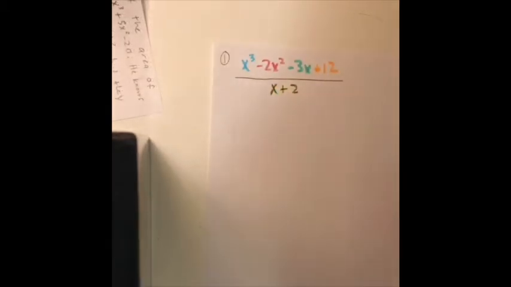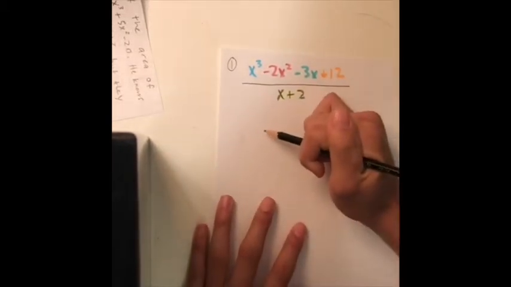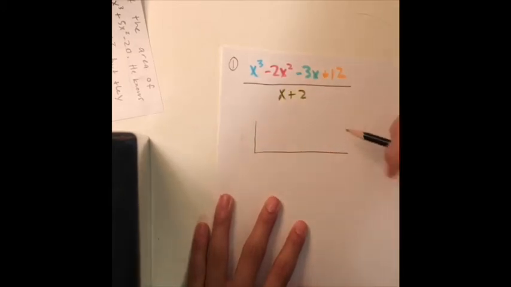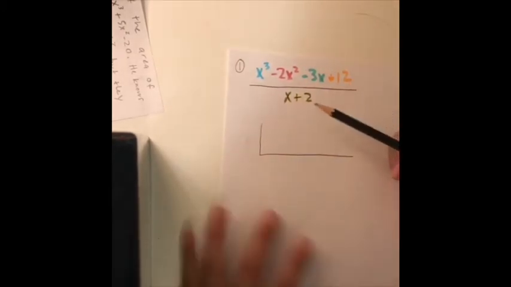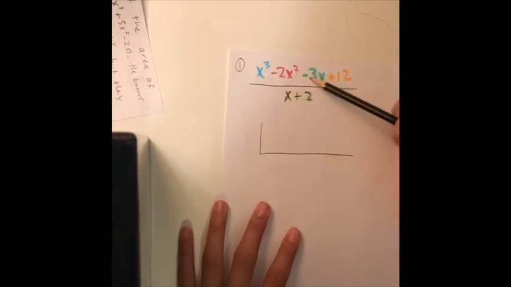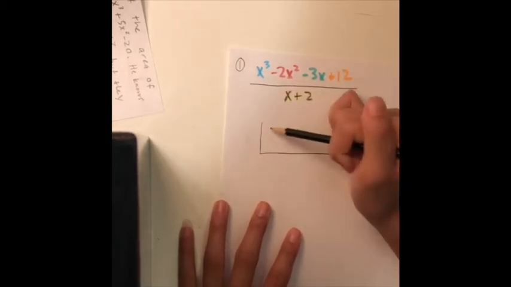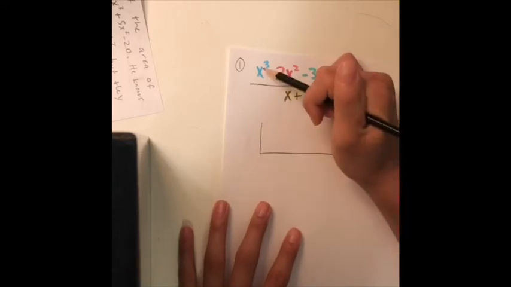Okay, the first thing you're going to want to do is make a boat for all the numbers to sit in. And you're going to look at the coefficient of each term in the numerator and write it in the top row of this boat. So let's start with the x cubed.